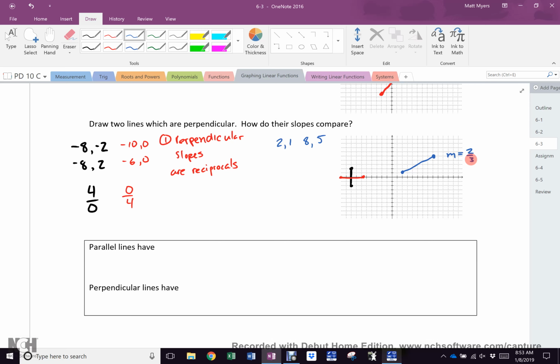Everyone cool? Okay. So then I want you to put a dot at 0, 6.